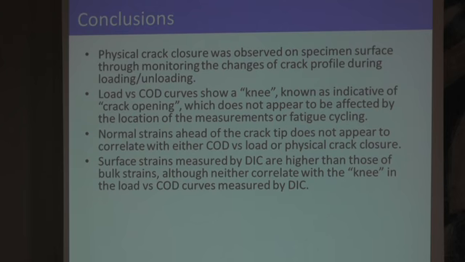Also, the normal strain ahead of the crack tip does not appear to correlate with the COD versus load or physical closure. The surface strains measured by the DIC are higher than those of the bulk strain, although neither correlates with the knee in the load versus COD curves by DIC.